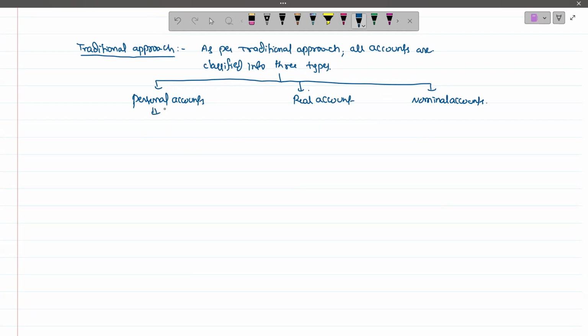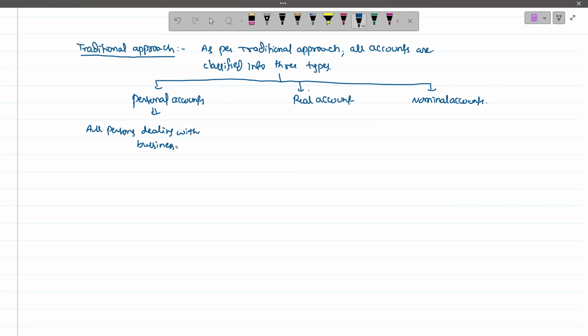Personal accounts consist of all persons who deal with the business. All persons dealing with the business are covered under the definition of a personal account.